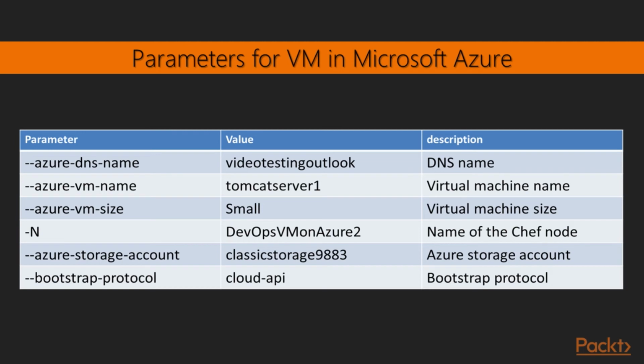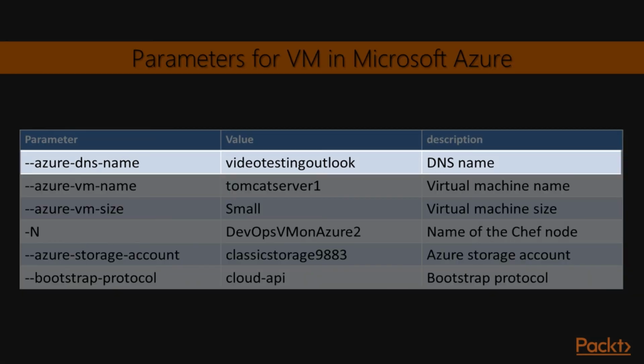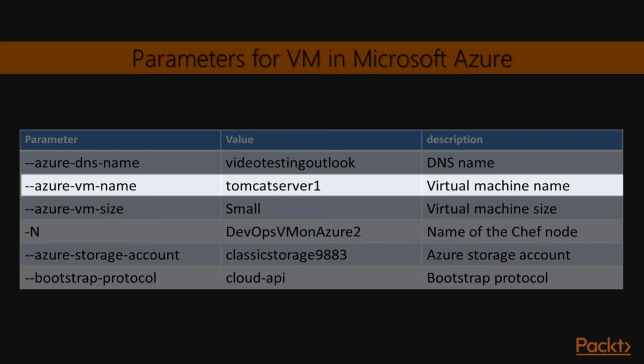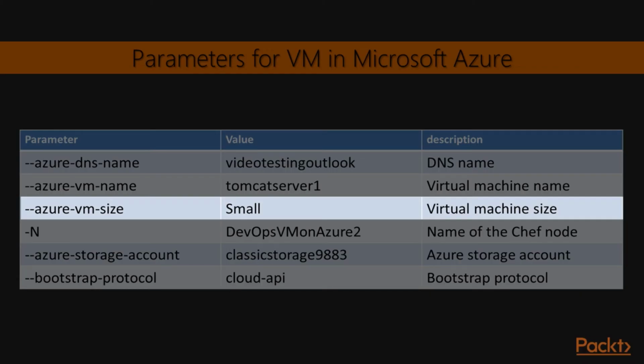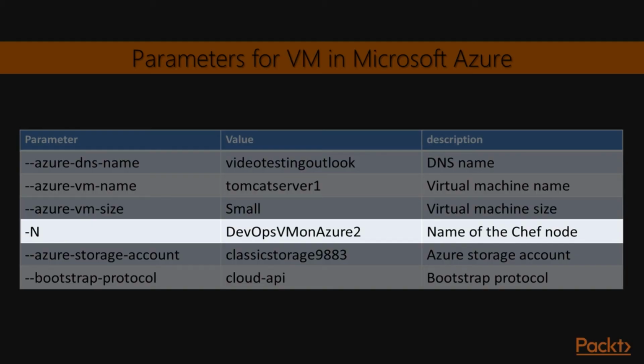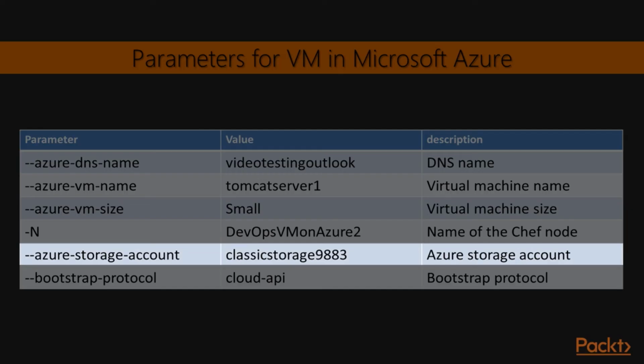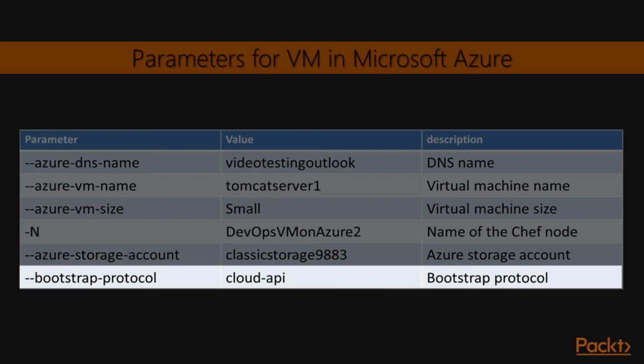Parameter and description. Azure-DNS-name: DNS name. Azure-VM-name: virtual machine name. Azure-VM-size: virtual machine size. N: name of the Chef node. Azure-storage-account: Azure storage account. Bootstrap-protocol: bootstrap protocol.